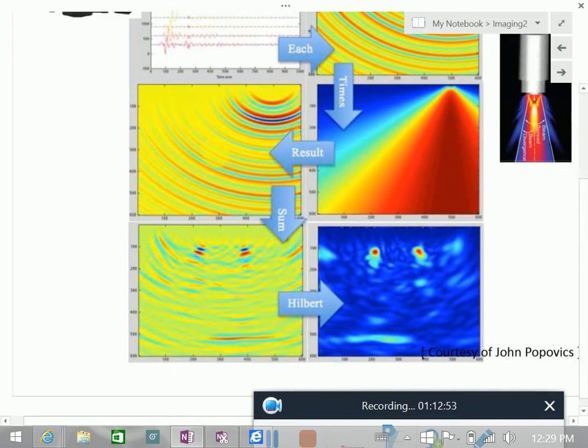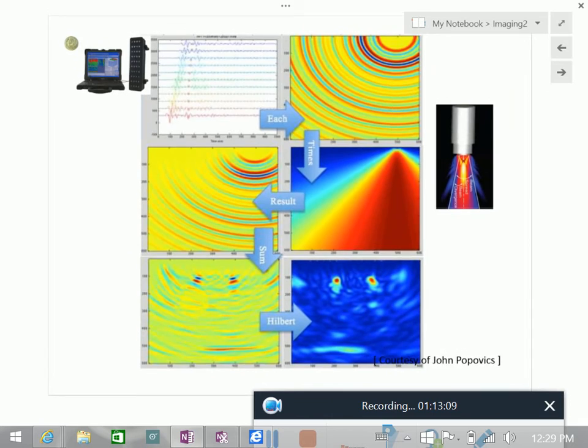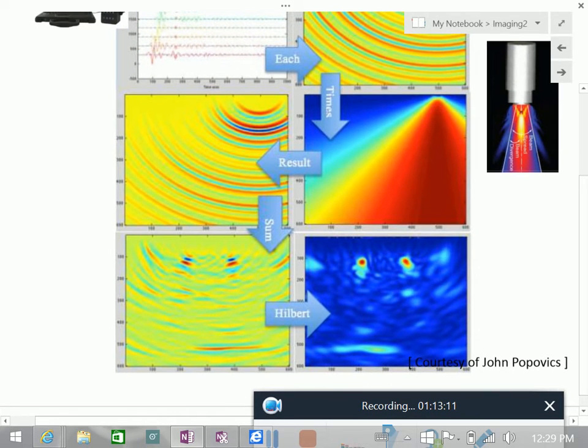And then for each location, you just sum up all the reflections, and then you get the amplitude to see what you have seen before. This is how it works. So from that very noisy image that you had seen before, then you can exactly see where the objects are.